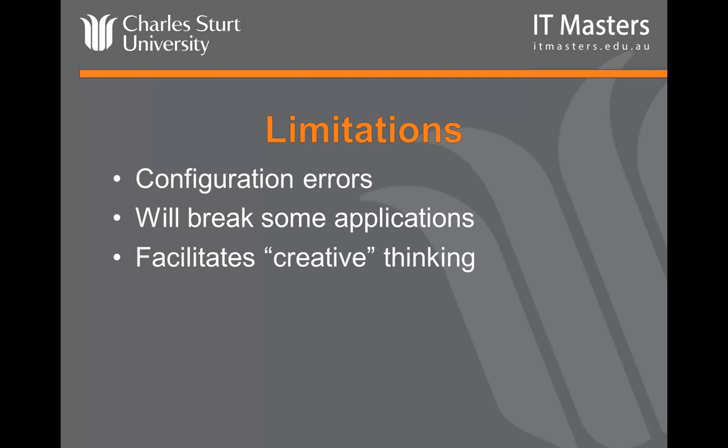In other words, tunneling stuff through, and that can be done with a variety of protocols. A firewall that is capable of application layer inspection may be able to identify and prevent this type of tunneling, but it may not. And there are other ways that you can get around your firewall. As I said, it facilitates that creative thinking.